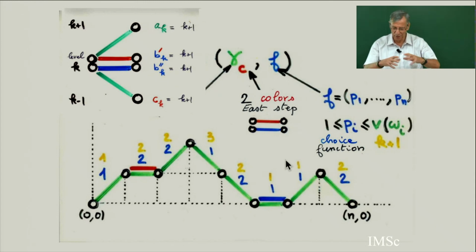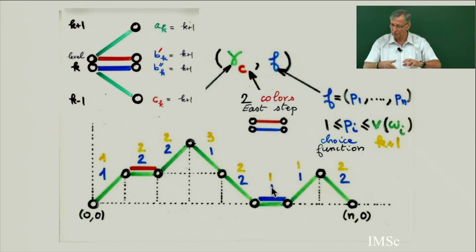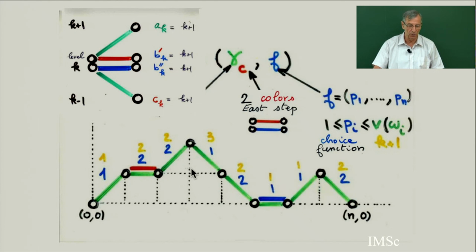So to transform this product of yellow numbers for each 2-color Motzkin path, there is a product of these numbers, and I'm going to define this product as all possible choices of f. f is a choice function. So f is a blue number, all possible blue numbers. So each blue number, p_1, p_2, ..., p_n, each p_i is between 1 and the weight, the yellow number. So all possible choices of blue numbers, if you fix the 2-color Motzkin path, will be exactly the product of the yellow numbers.